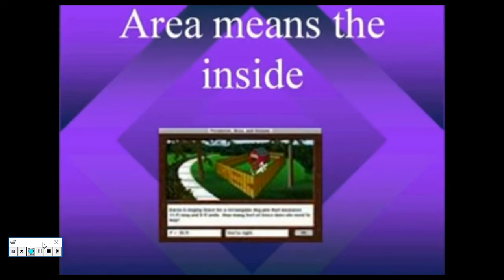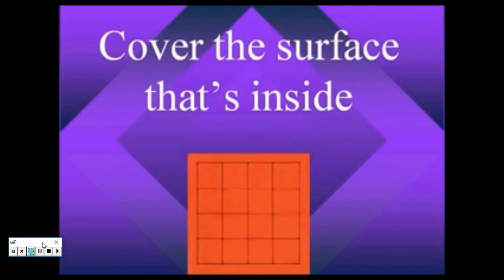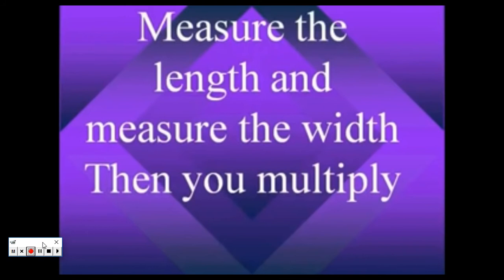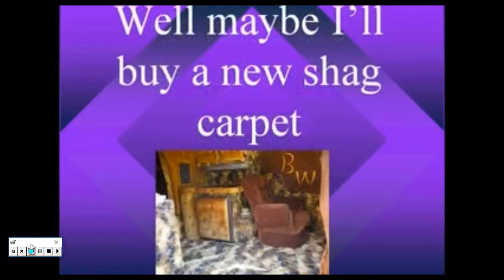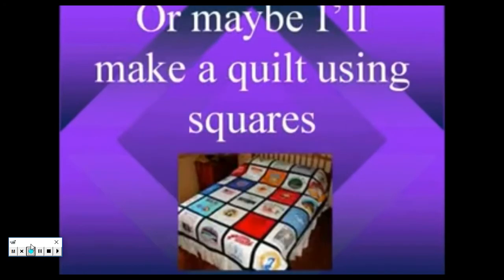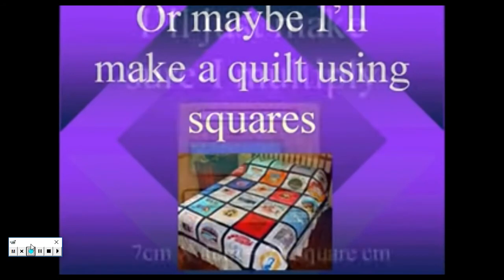Area means the inside. Cover the surface that's inside. Measure the length and measure the width, and then you multiply. Well, maybe I'll buy a new shag carpet, or maybe I'll make a quilt using squares.